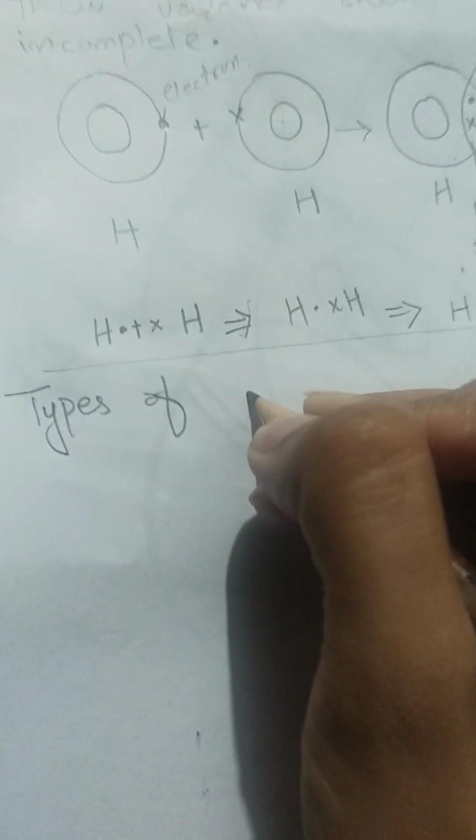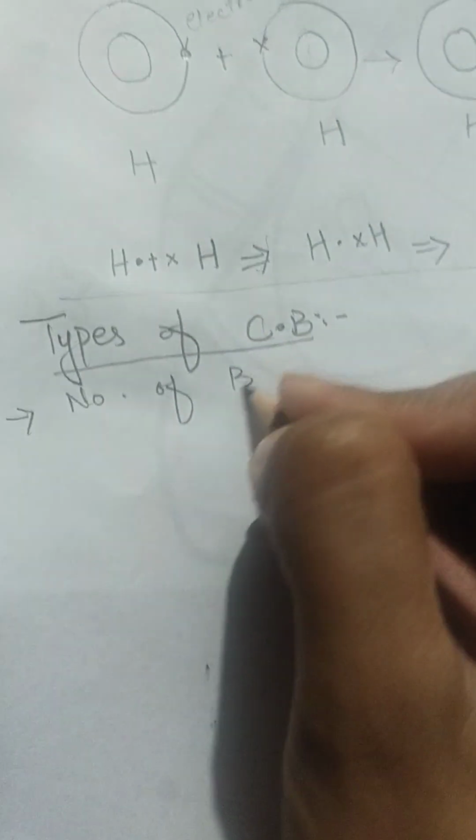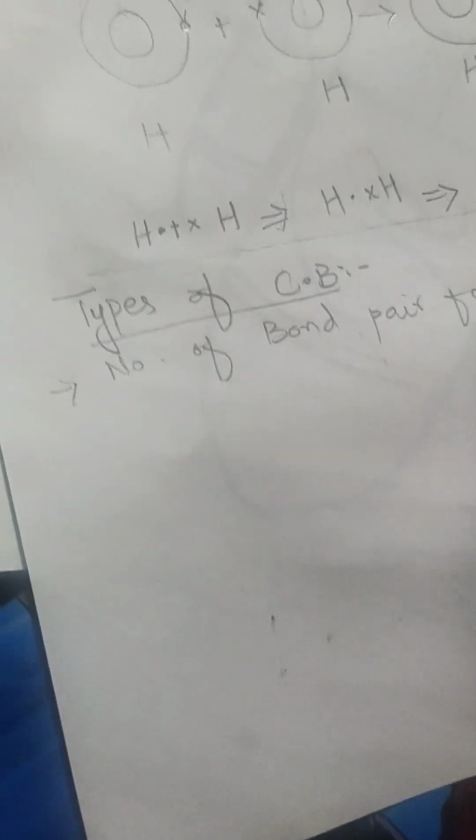Now we will discuss the types of covalent bond. Types of covalent bond depend upon the number of bond pair formation.